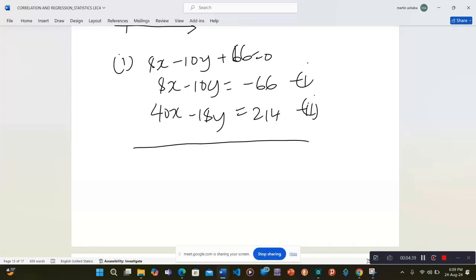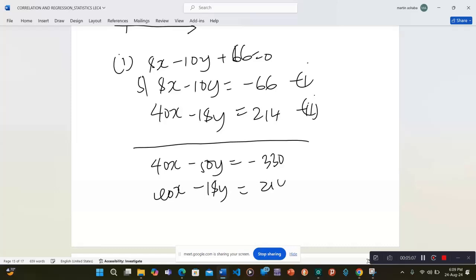If I'm to use the elimination method, I can multiply equation 1 by 5 so that I make this 40. I'll have 40x minus 50y, which will be equal to 66 times 5, this is negative 330. So I have 40x minus 18y is equal to 214. So I subtract.